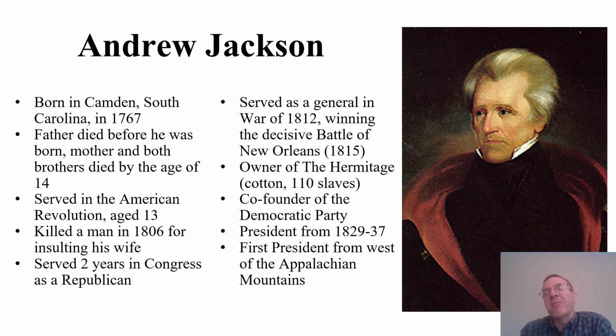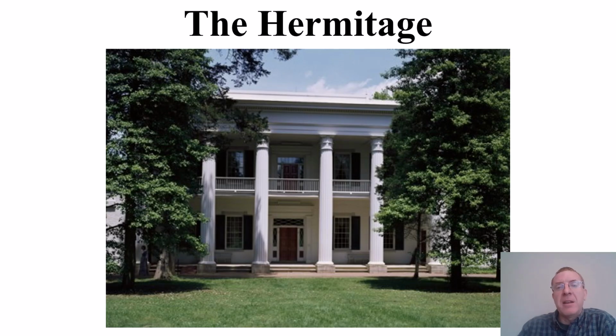And another interesting factoid about Jackson is that prior to his presidency, all presidents came from the East Coast, particularly from Virginia and Massachusetts. Andrew Jackson will be the first president west of the Appalachian Mountains to be elected as president.